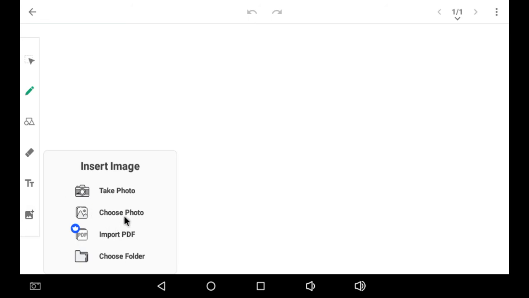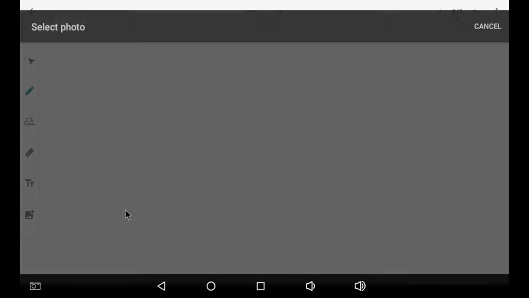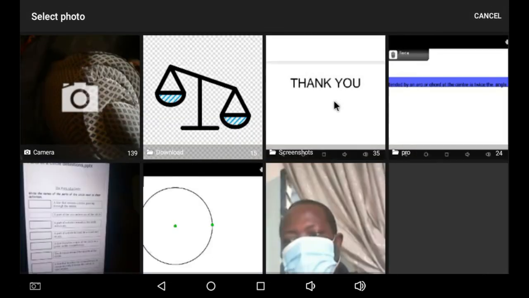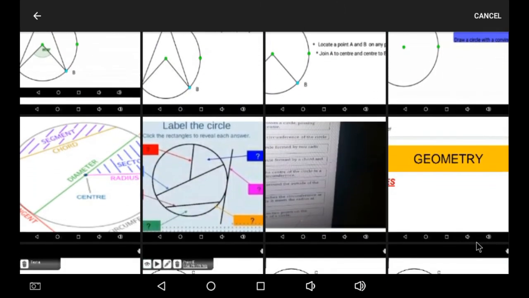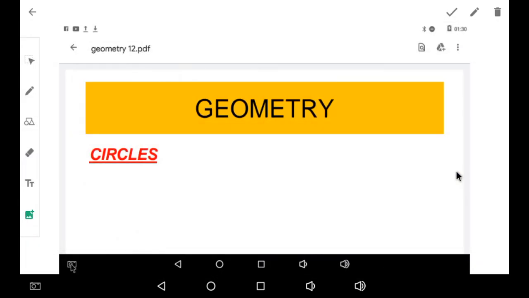We'll be looking at geometry today, and under geometry, we'll be looking at the angle properties of a circle. Okay, the geometry of circles.